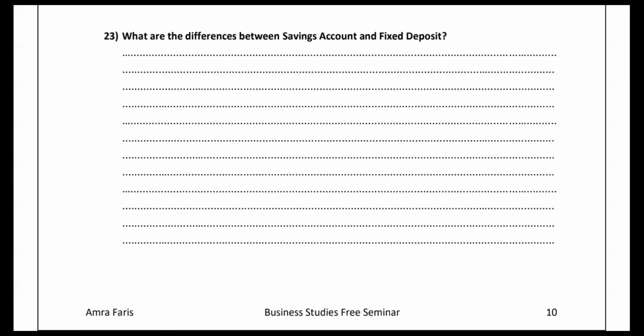So write it down: savings account, short-term deposit, and fixed deposit, long-term deposit.